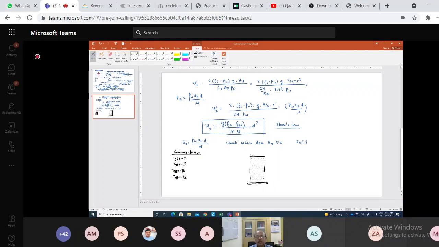Initially, you will find a more or less homogeneous solution with particles uniformly dispersed within the cylinder. Now, if you let this stand for some time, you will see that the particles will start settling down.